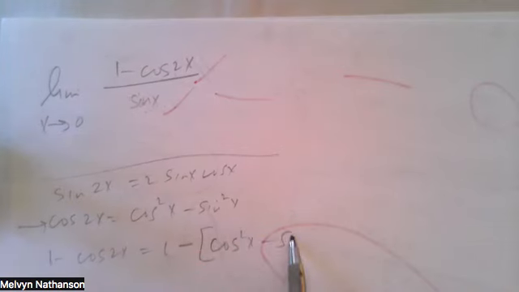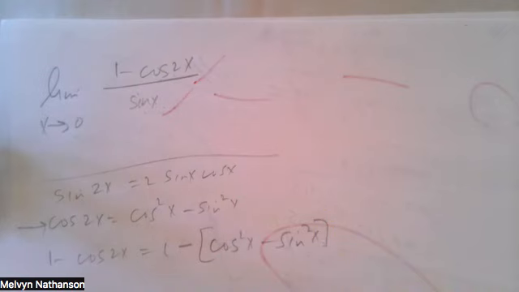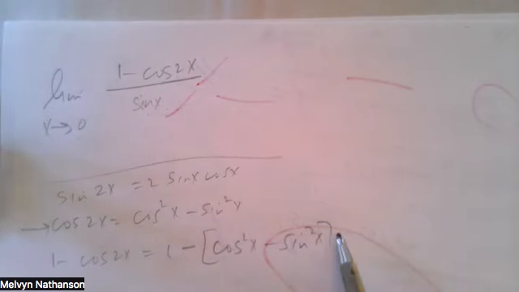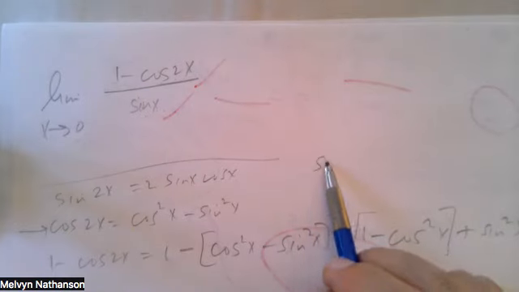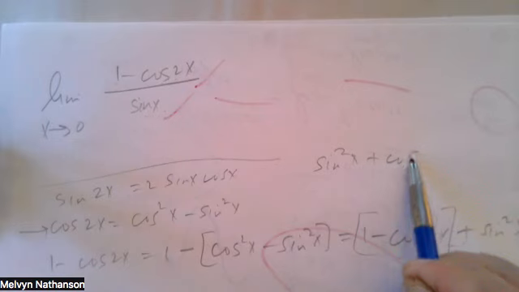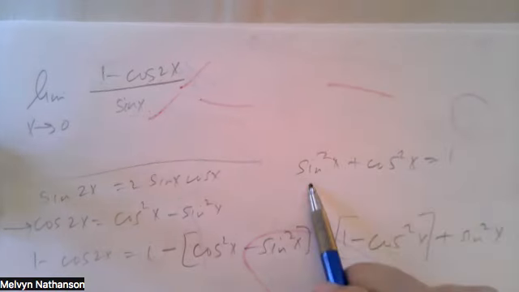So 1 minus the cosine of 2x is 1 minus this expression, cosine squared x minus sine squared x. If I just expand this, this is 1 minus cosine squared x, and minus times minus is plus sine squared x. And 1 minus cosine squared x, remember, sine squared x plus cosine squared x is 1.